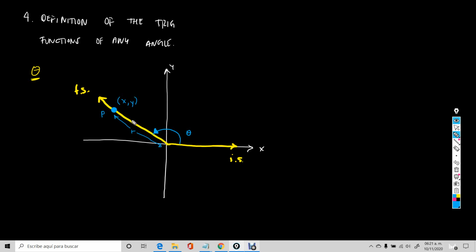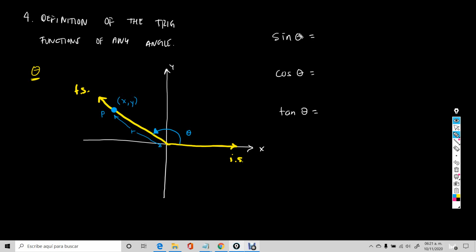Now with this diagram, with this point chosen on the terminal side of theta, with its two coordinates x, y, and with its distance from the point to the origin, now we can define what we are going to understand as the sine of theta, the cosine of theta, and the tangent of my angle theta.